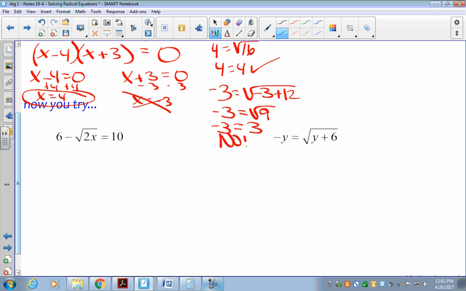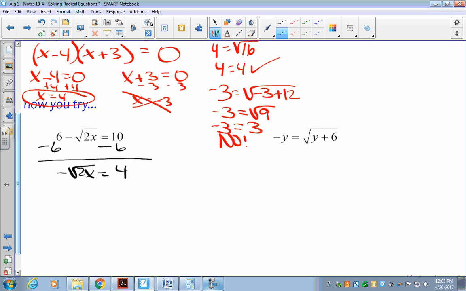We get rid of a positive 6 by subtracting it. So we get 10 minus 6 is 4, and the negative root 2x is left. To get rid of a negative, we multiply by -1. We can divide by -1.